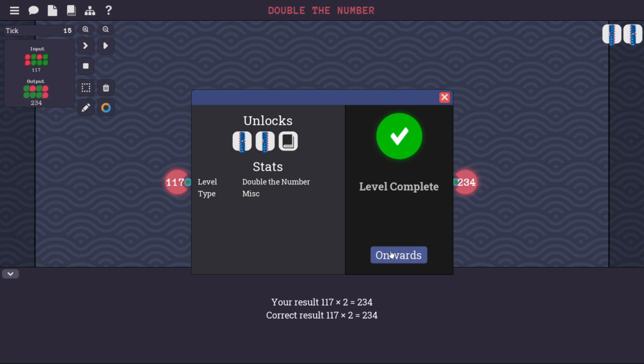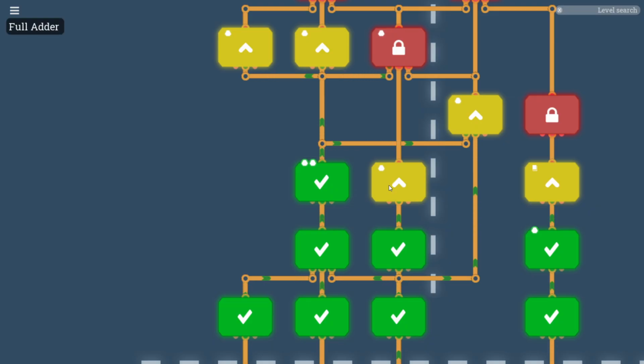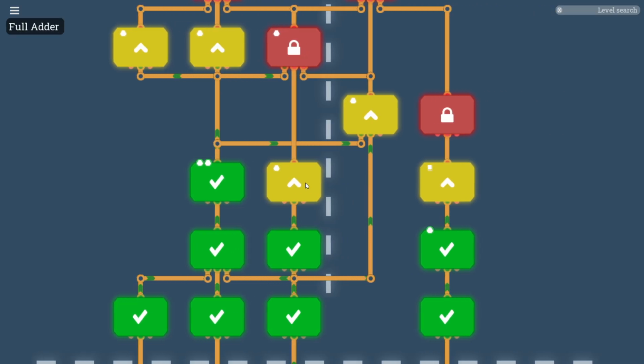And yeah, in our next class we're going to see how we can construct a full adder. A full adder is essentially the same half adder we did earlier, but now chained together.